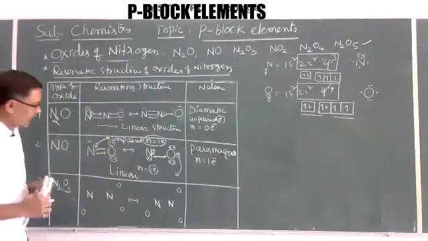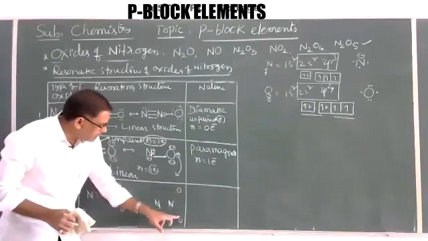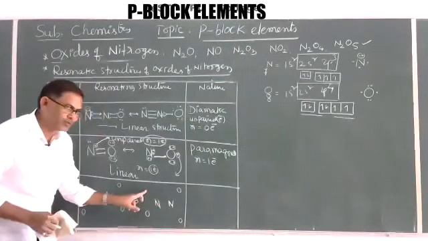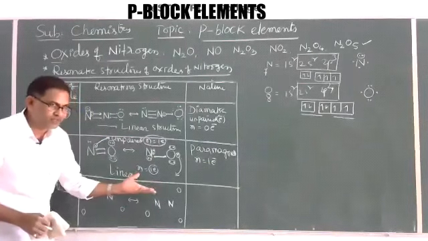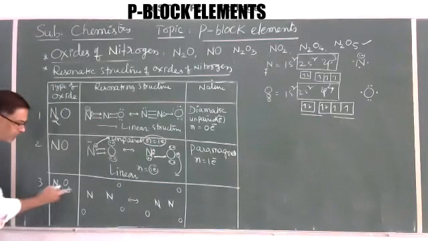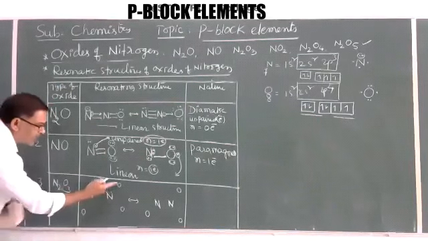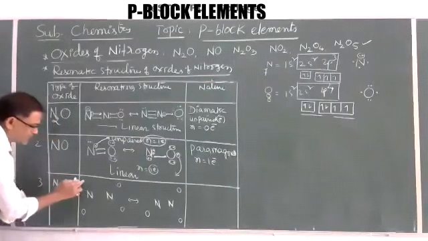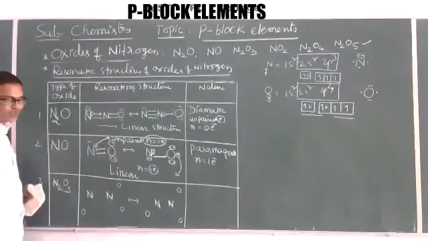One doubt: why, sir, are only two oxygen atoms represented on this side, why not this side? Take this side also, no problem. The choice is either side. So here in N2O3, take it like this, one side with two oxygen atoms, or these two oxygen atoms; better you write this side, it is a choice.